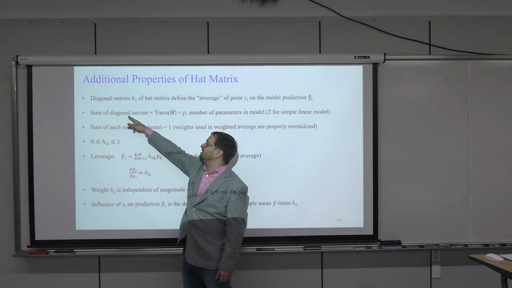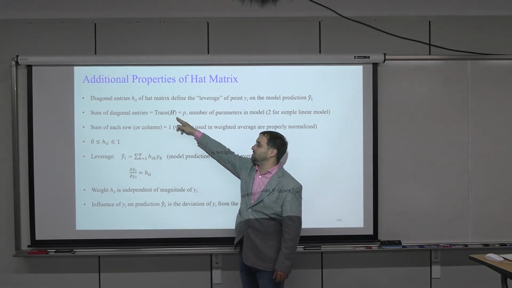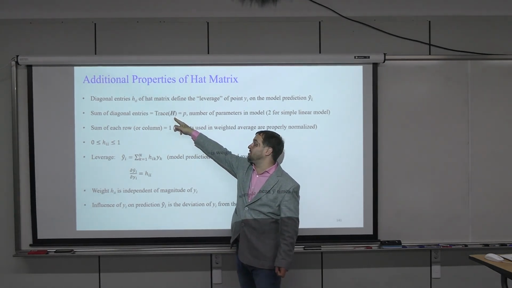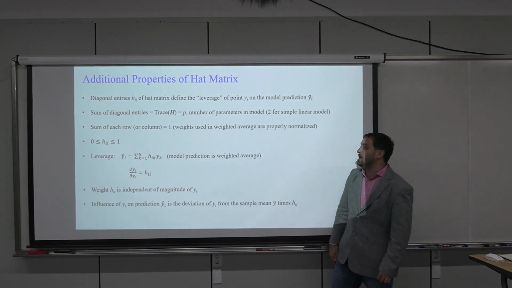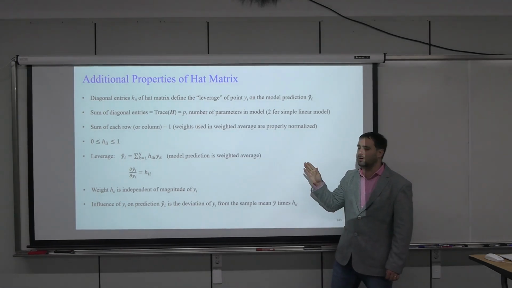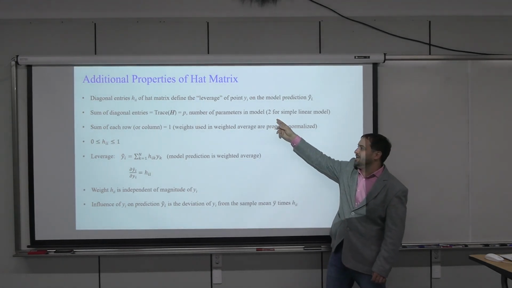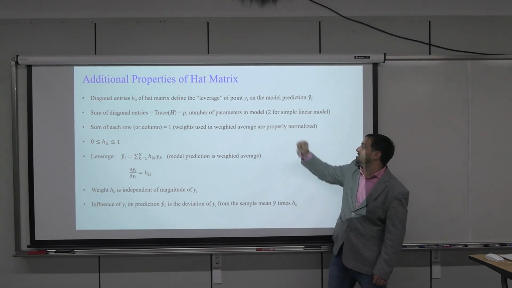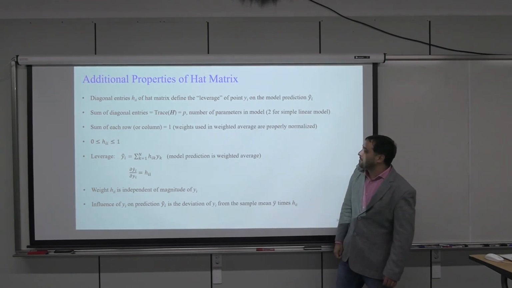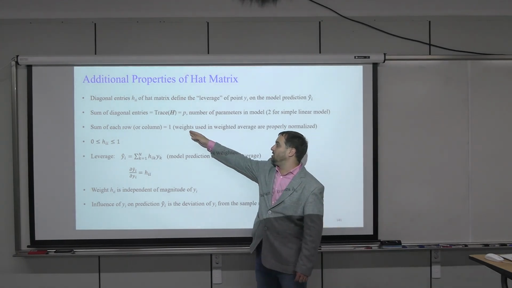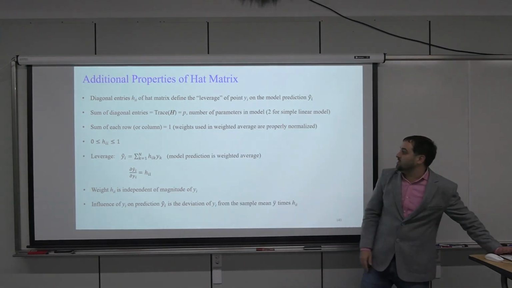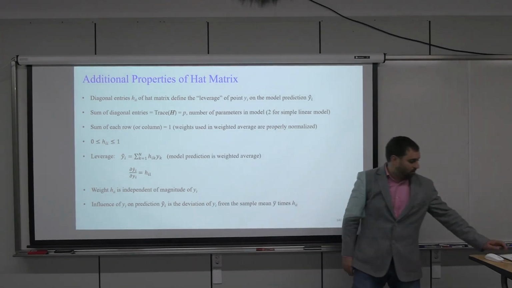The sum of the diagonal entries, which is the trace of the matrix, so the trace of H equals p, the number of parameters in the model. We're going to do a simple linear model, and you'll see that the trace of our hat matrix sums to two. And the sum of each row or column equals 1, which means the weights used in the weighted average are properly normalized.